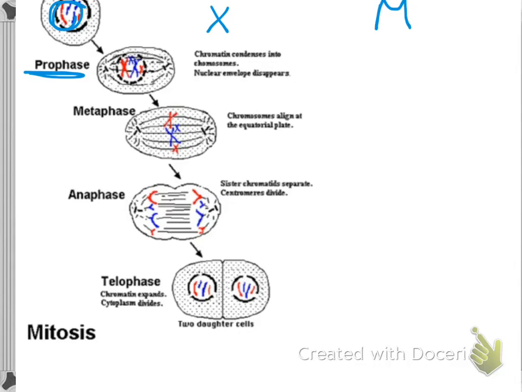Okay, so in prophase, the chromosomes become visible. The nuclear envelope, which is actually the outside of the nucleus, dissolves, and we have these centrioles that start migrating to the polar opposite sides of the cell. And as you can see, they're leaving behind these little mitotic spindle fibers. So that is step 1, which is prophase.